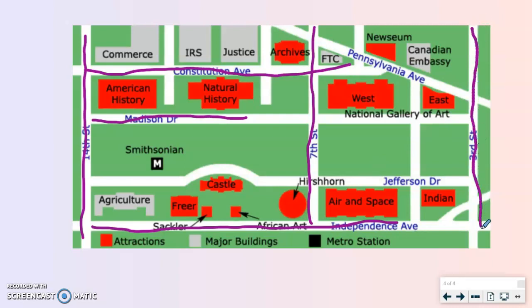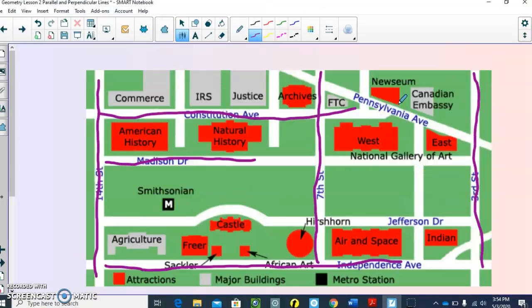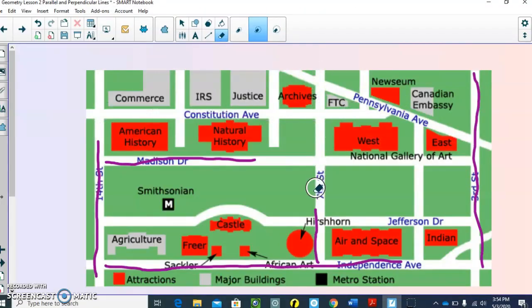If you notice these streets, if I was on 7th and I wanted to get to 3rd, just by looking at this map, I'd have to figure out another intersecting road because they're parallel to each other. That means those streets will never cross. So I can't get to 3rd Street from 7th Street without going down another street. Let's see about some perpendicular lines.